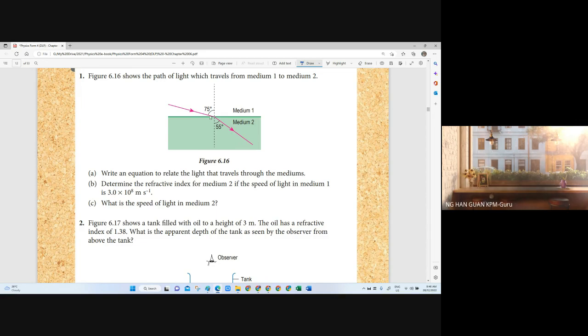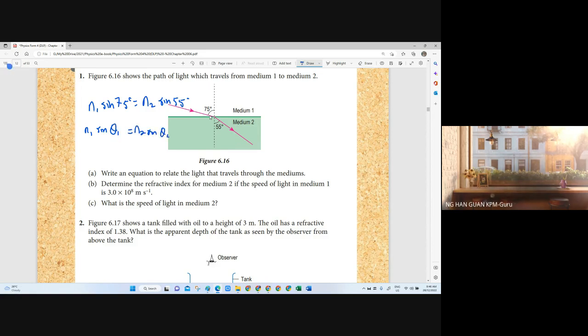So in this case, we just repeat the formula from just now, where we wrote n1 sin 75 degrees equal to n2 sin 55 degrees. Because it's an equation, you can write n1 sin theta 1 equal to n2 sin theta 2.